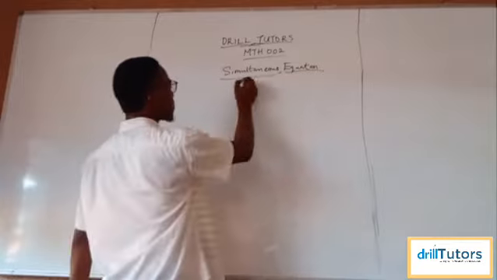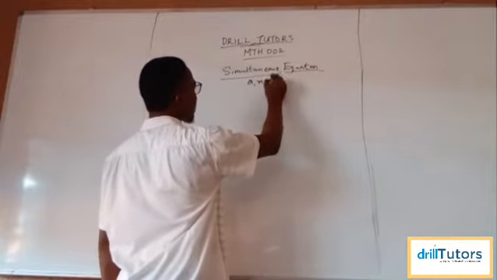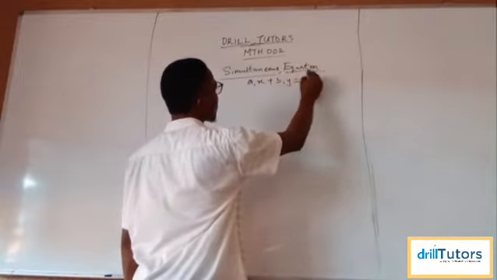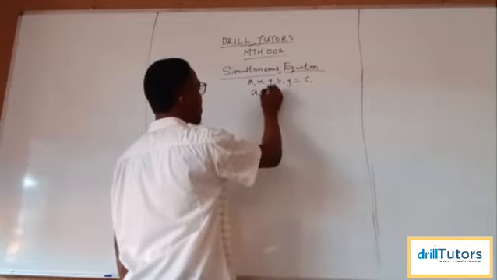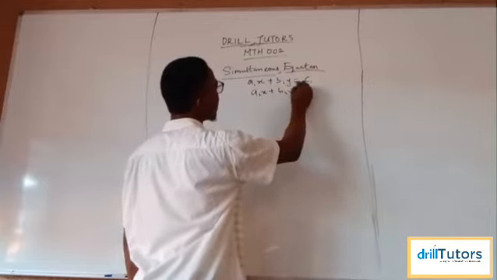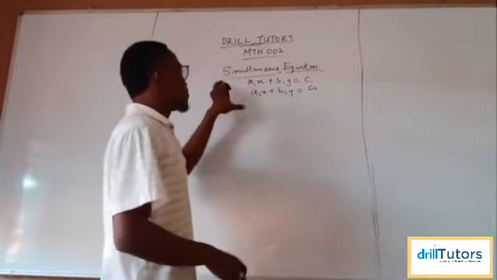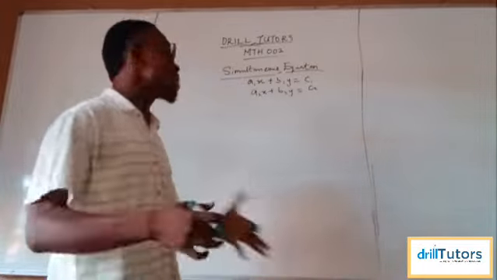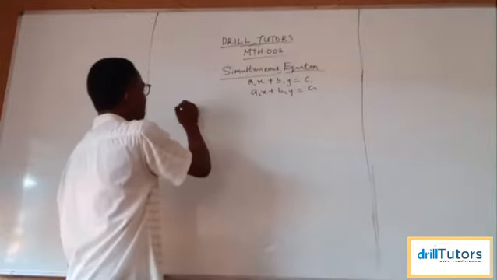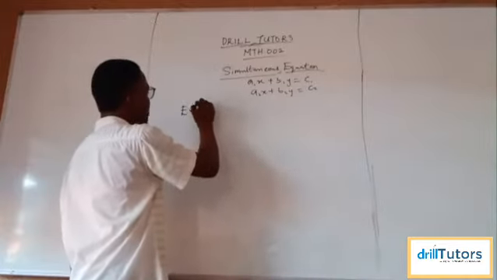So a very good example of that is a1x plus b1y equal to c1, and a2x plus b2y equal to c2. Now, let's consider some examples under this subtopic so that you understand it very well.